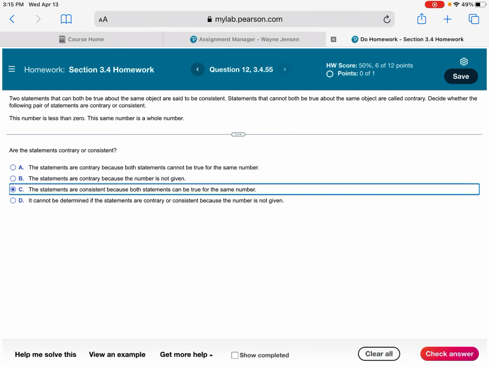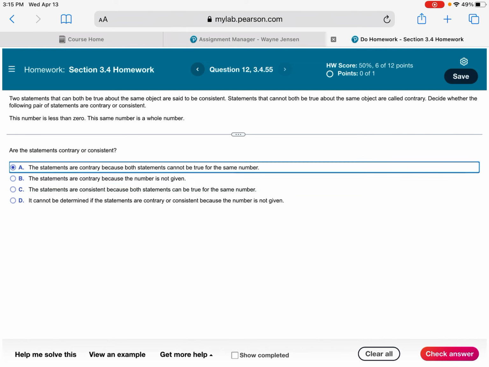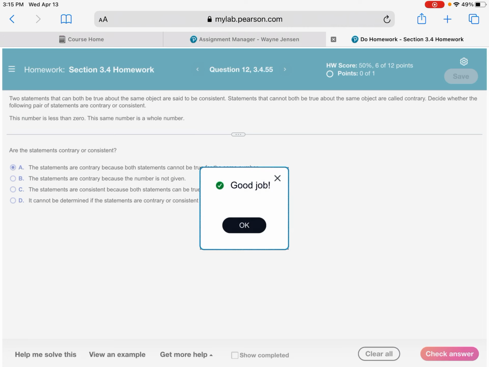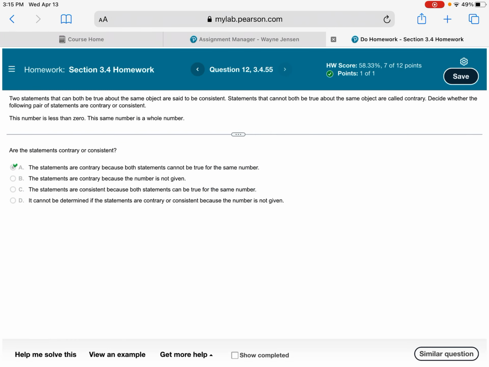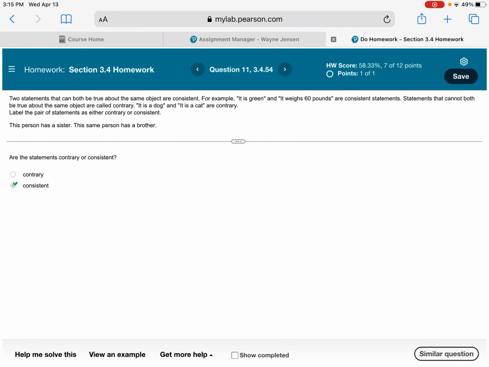The statements are consistent because both can be true. Well, actually, let's talk about that. A whole number is a number that is positive. A number less than 0 is negative. So the statements are contrary because both statements cannot be true for the same number. It's contrary in this case. Right? So good. They're going to describe that wording as they ask us to use it.